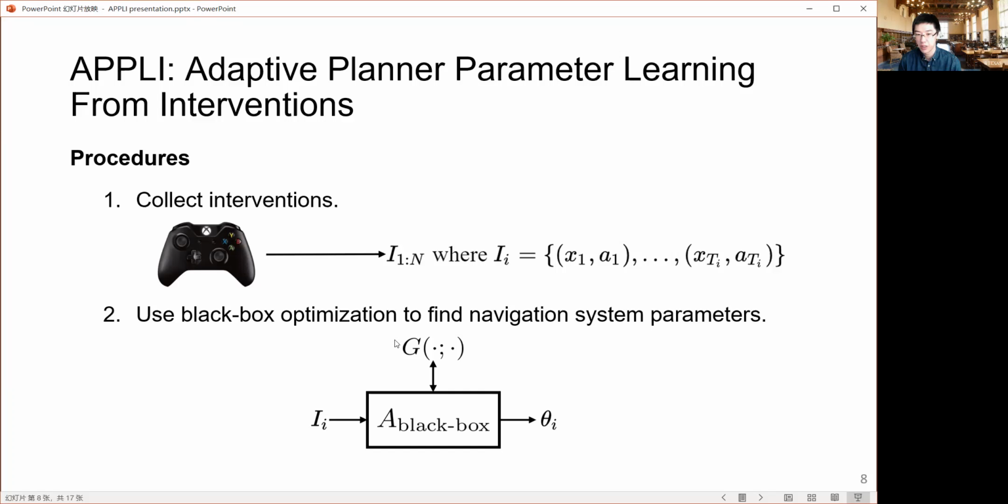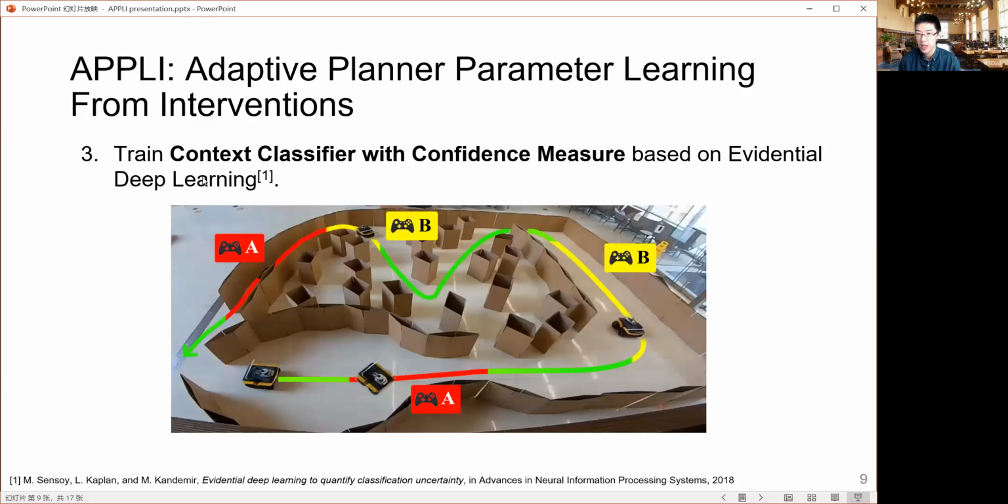The second step is to apply a black box optimization method to find navigation system parameters for each intervention. The third step is during deployment: whenever we see a new scenario, we need to know whether it is among the scenarios where we have collected interventions.